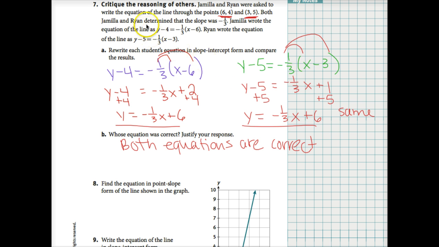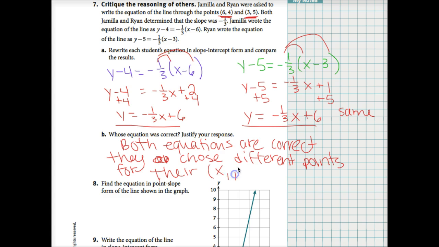So when Jamila wrote hers, she used this first point as her x1, y1. Ryan used this one as his x1, y1. So both equations are correct. They chose different points for their x1, y1. So that's why it looked different originally.